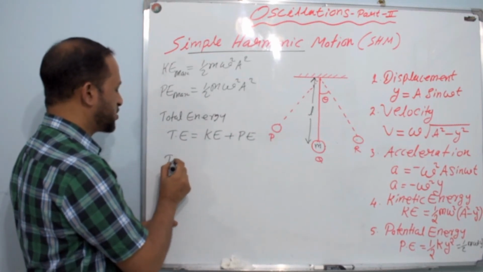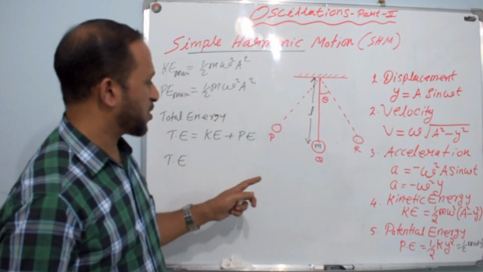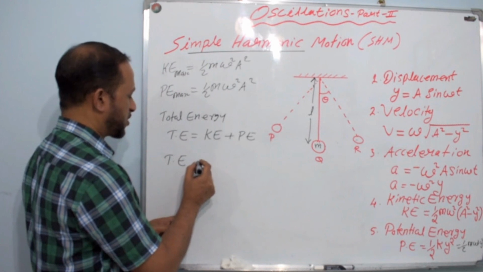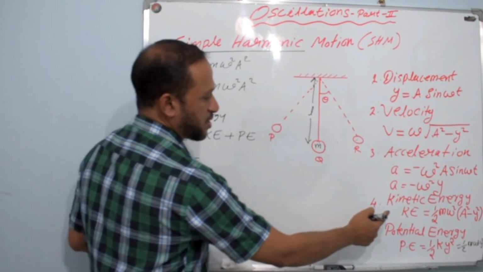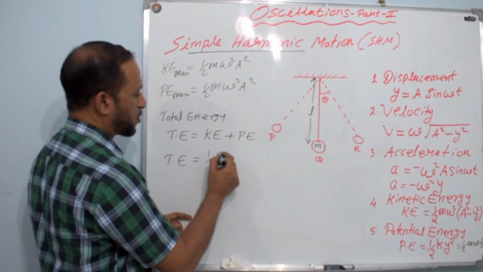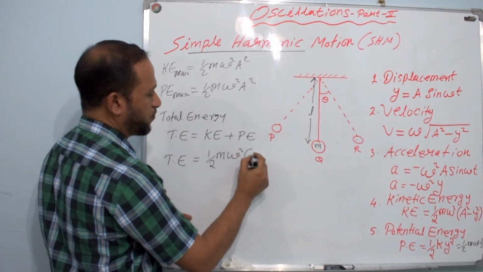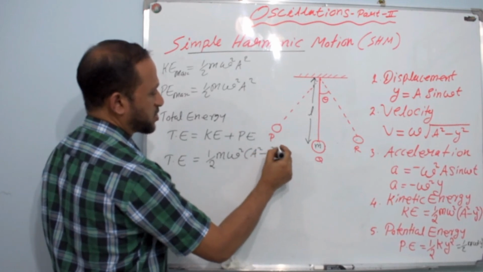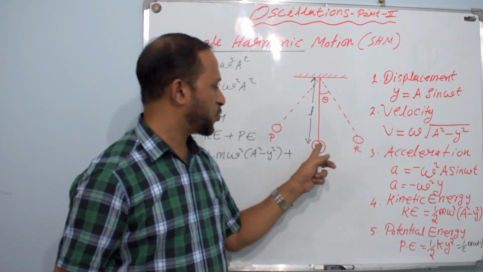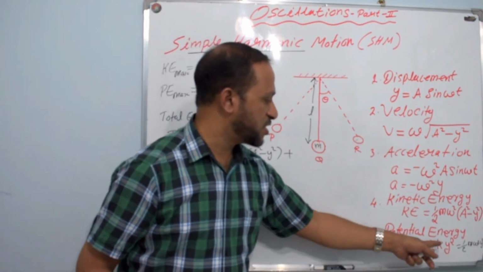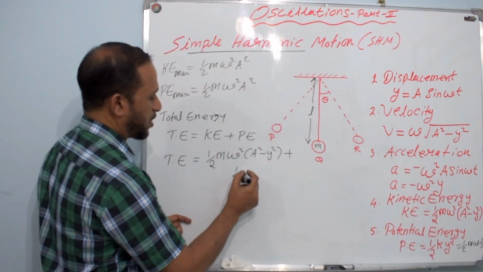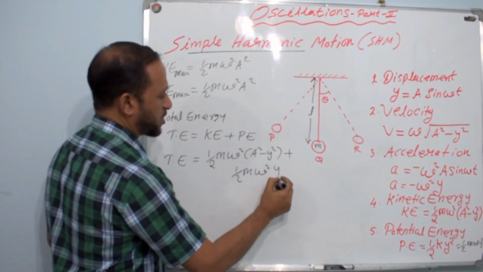That is, total energy is equal to the kinetic energy, half m omega square into a square minus y square, plus the potential energy at any point in between extreme position and mean position, half m omega square y square.